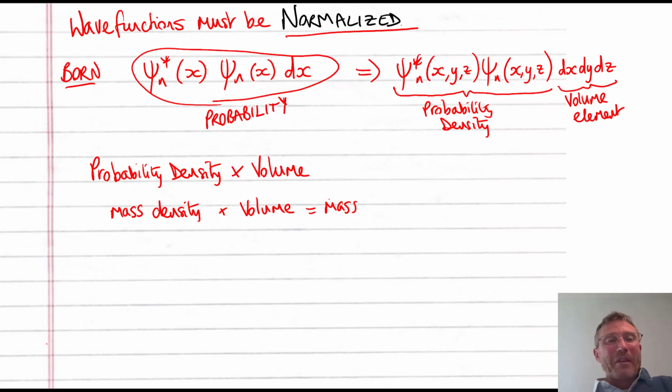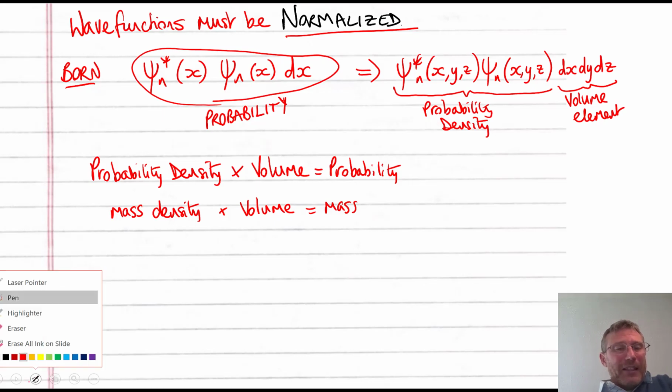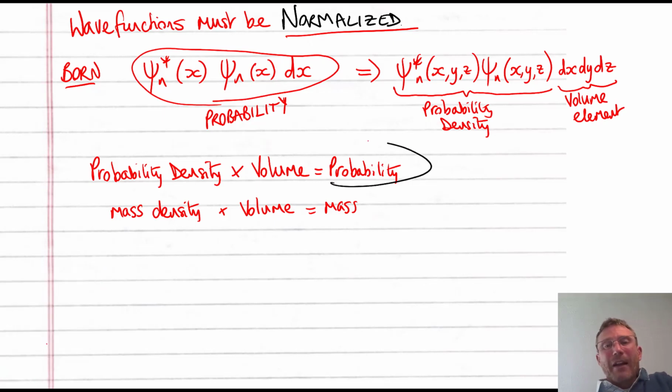But we've got probability density times volume. That, by comparison, is actually going to be a probability. So what we care about is this probability piece in here.